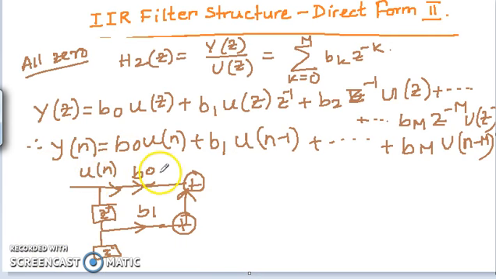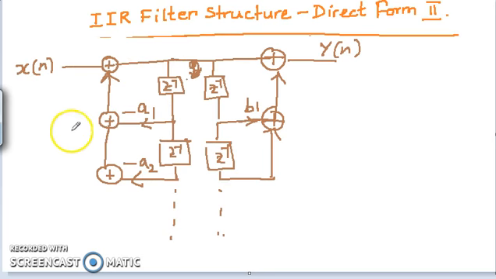second part. Now if we join these two structures, just have a look, we are going to get this type of structure. Now one thing you must notice: in direct form 1 also we got these two summers.